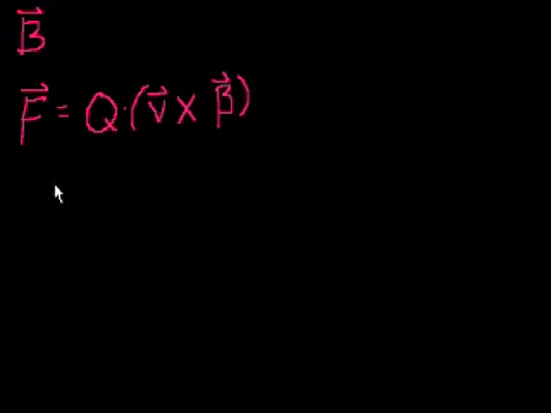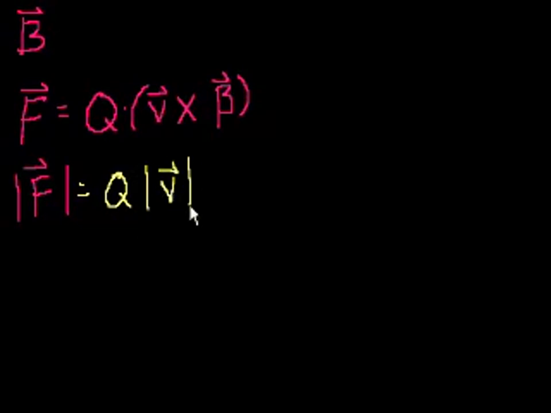So we know that the cross product is the same thing as, so let's say, what's the magnitude of the force? The magnitude of the force, and I'm going to arbitrarily change colors, is equal to the magnitude of the charge, this is just a scalar quantity, so it's still just the charge, times the magnitude of the velocity, times the magnitude of the field, times sine of the angle between them.